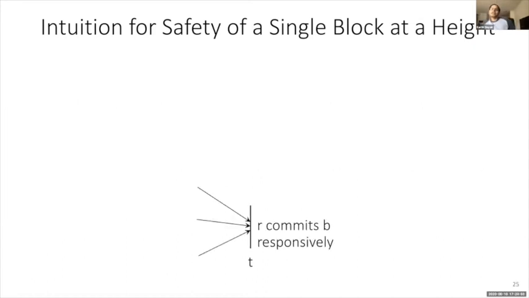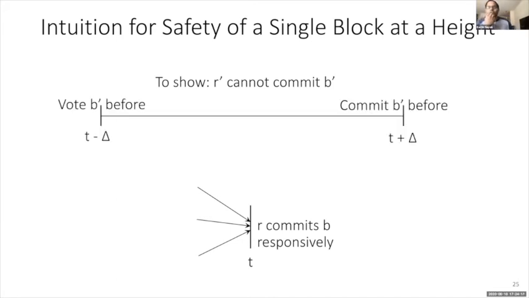Let us say replica R commits a value B responsively at time t. We need to show that R' cannot commit a different value B'. Intuitively, this holds for the following reason. Let us think of the situation where R' is committing B' before some time t plus delta.